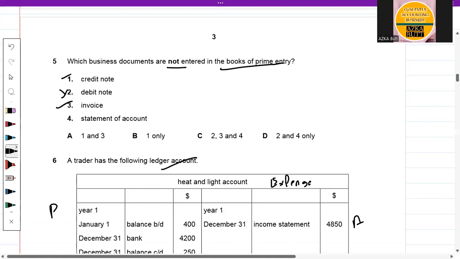Statement of account is not recorded in any book of prime entry. This is just a reminder for your customer that they owe us this specific amount. So debit note and statement of account would not be recorded in any book of prime entry. So it means that 2 and 4, B option is the right option.